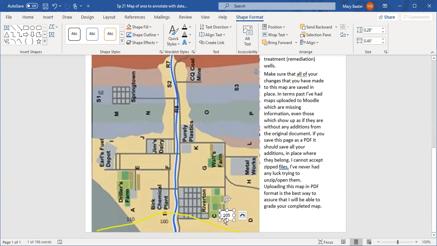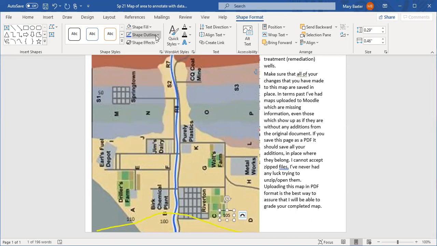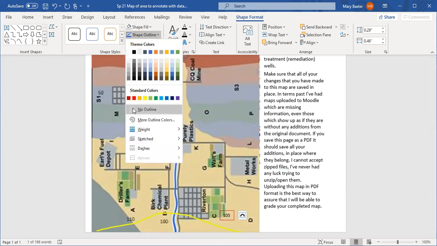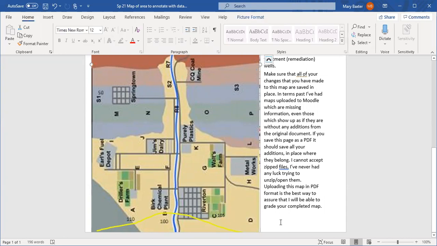And then since I don't want that white box and I just want the numbers themselves, I've got shape format, shape fill, shape outline. So we want shape fill to be no fill, and we want shape outline to be no outline. Okay. And if I want to get that 105 closer over to the C, right? Okay. So there. See how I've added that number?